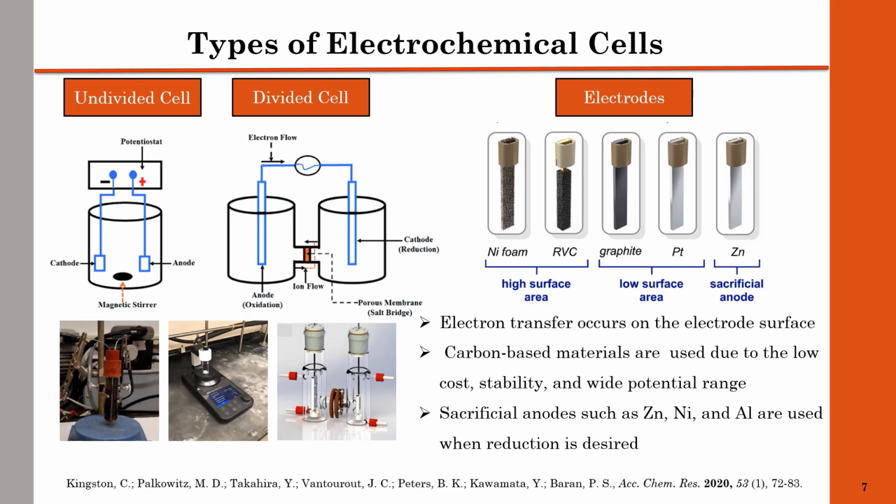Another thing is the electrode, which is the main part of the electrochemical cell. Normally carbon based electrodes are used because of their low cost. Here I have listed a few other examples, such as nickel, platinum or zinc electrodes.